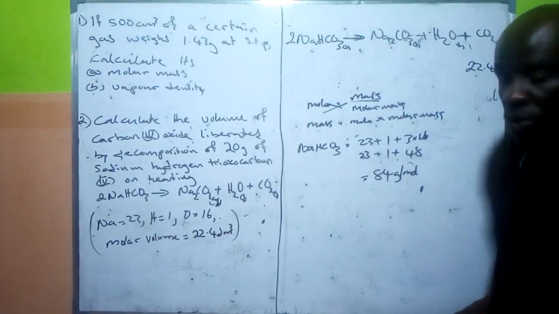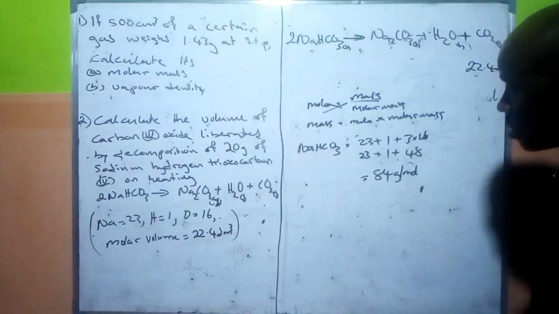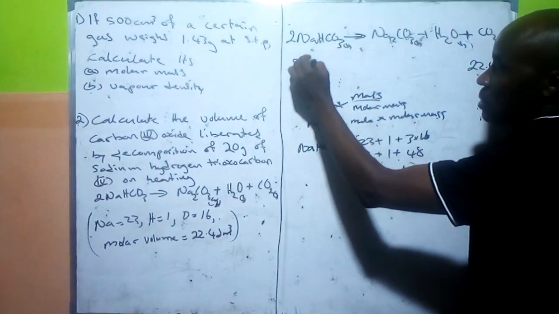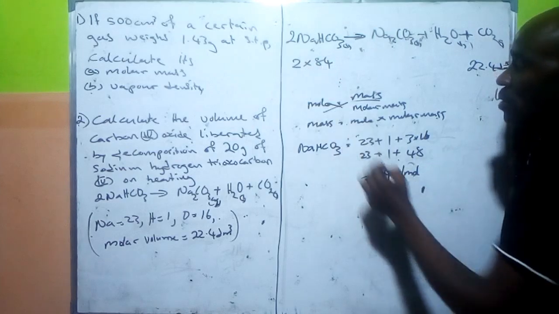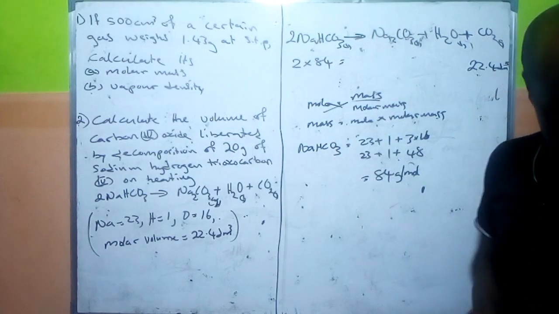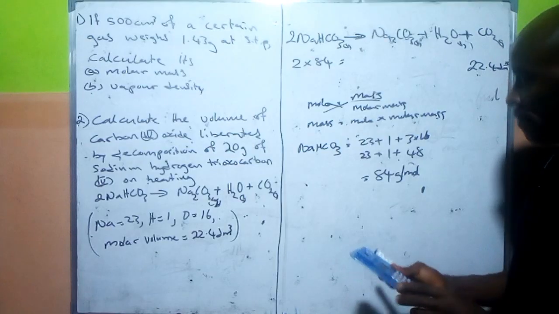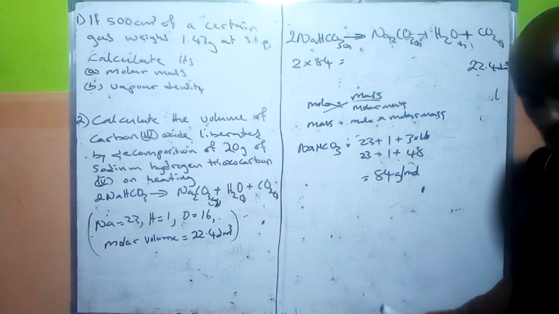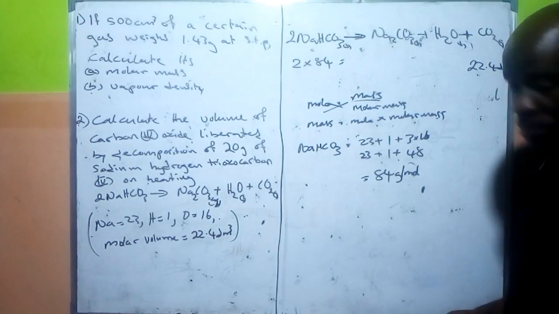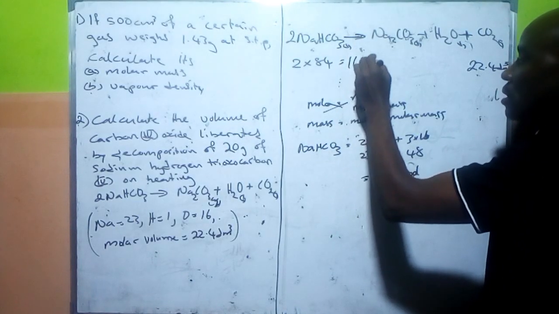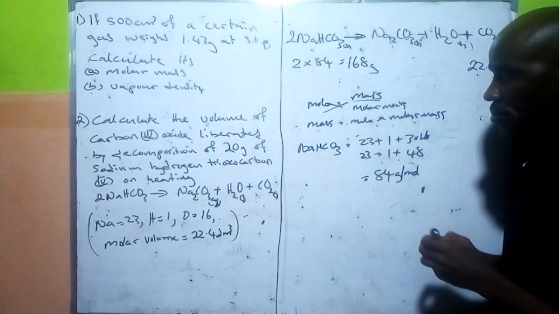So the next thing we're going to do is multiply by 84. That will give us the mass that's reacting. We have 84 times 2, which gives us 168 grams.